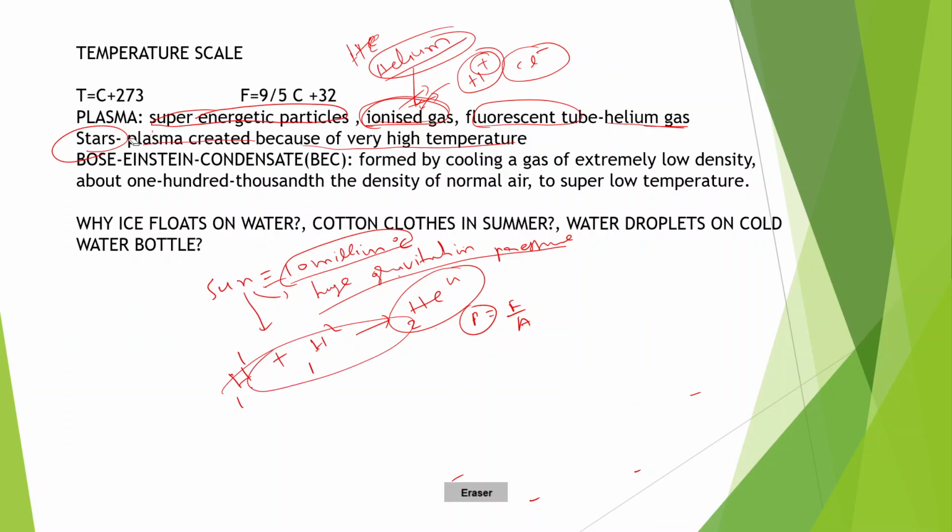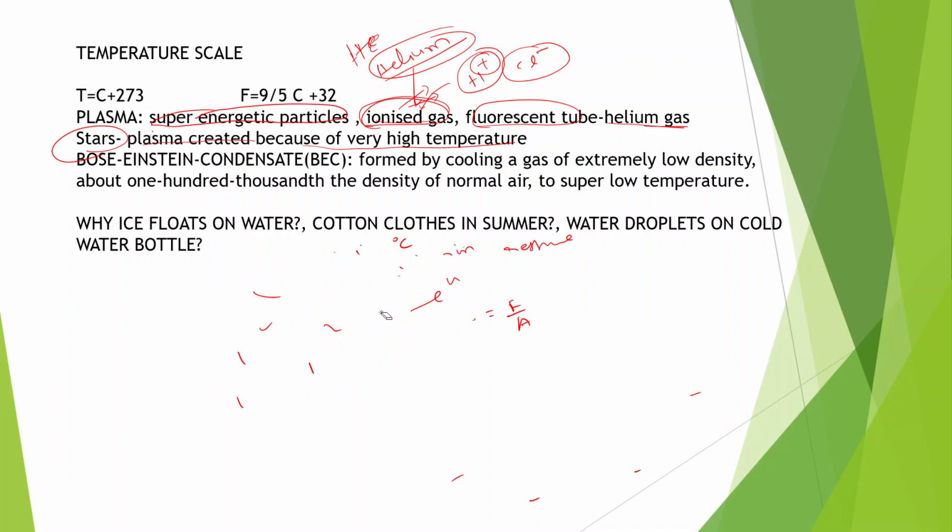And another state of matter is Bose-Einstein condensate, BEC. What is meant by BEC? This BEC is formed by cooling a gas of extremely low density. Suppose the density is 1 by 100,000th the density of normal air.